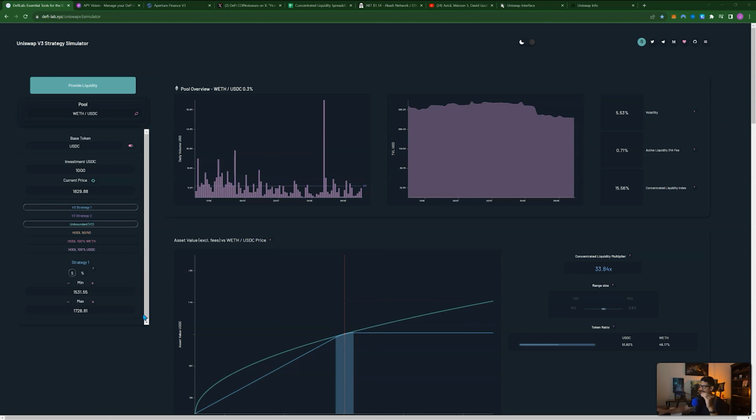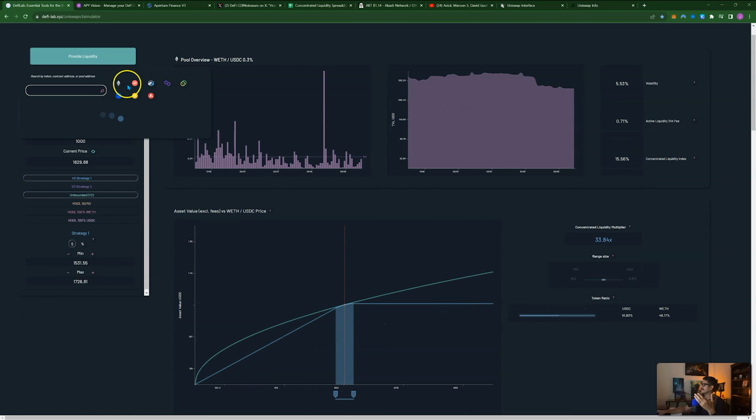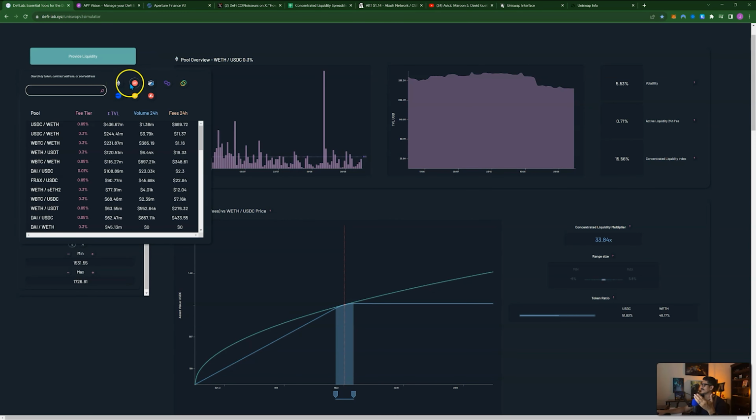So very important. So here on DeFi Lab, you can access different blockchains, right? You got Ethereum, you got Optimism, Arbitrum, Polygon, you know, all of the, they even have Base now on here, right? Arbitrum or Avalanche, sorry. And then you have all your liquidity pools here, right?